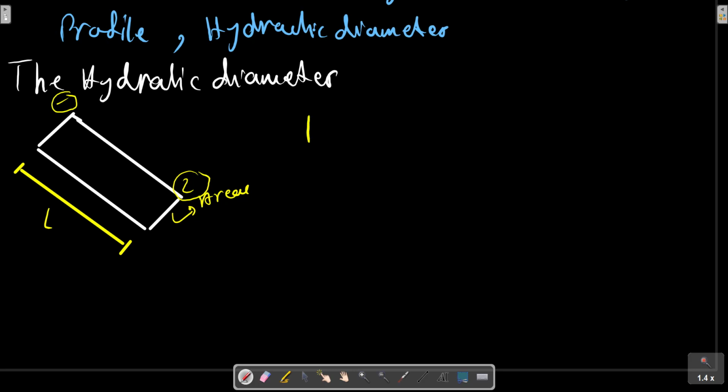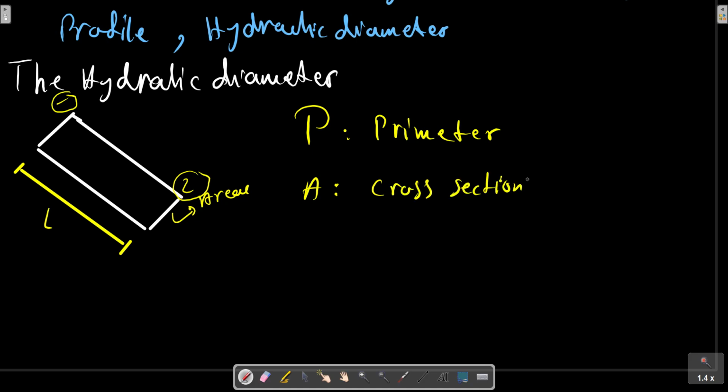Now we have the perimeter in this type of problem, and also a cross-section. Not circular. So we can write the non-circular momentum equation for this picture.